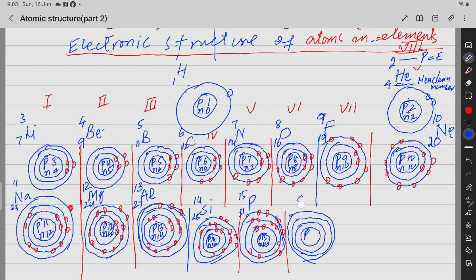Proton, this is sulfur, 32 and 16. This is 16 and neutron 16.